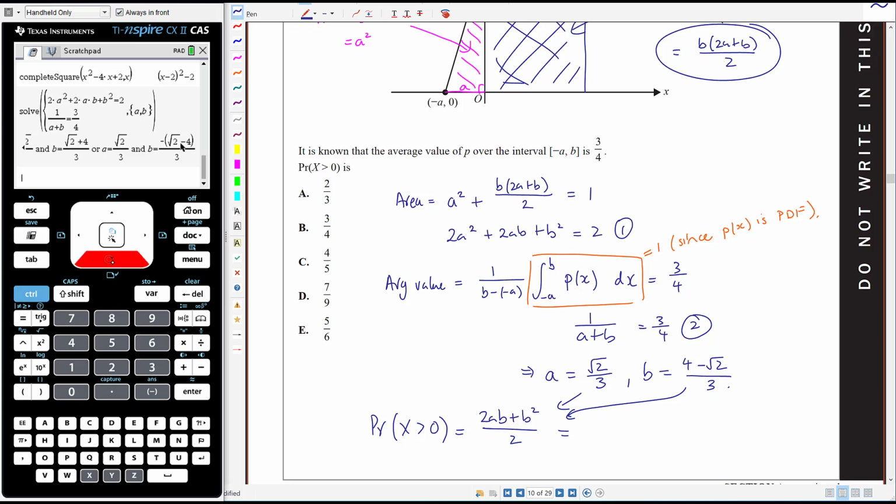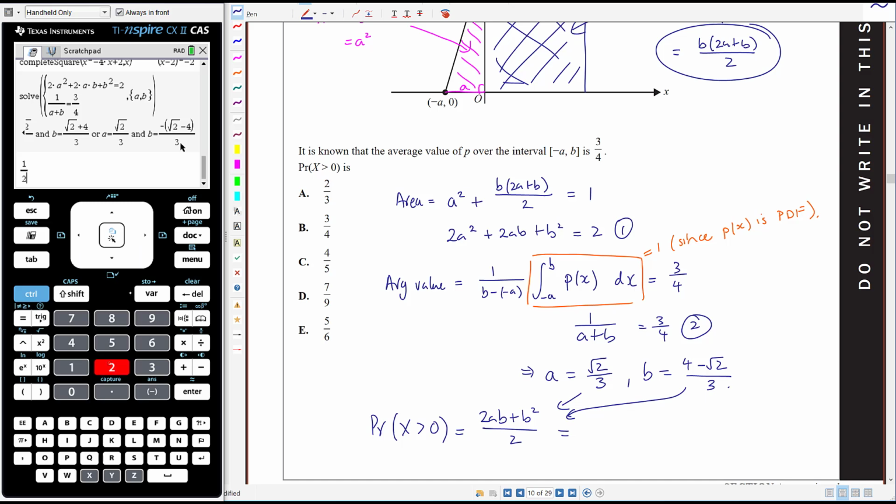So let me type that out. I might just write the half out the front instead of trying to do it all over 2. So it's going to be half times 2 times a times b.